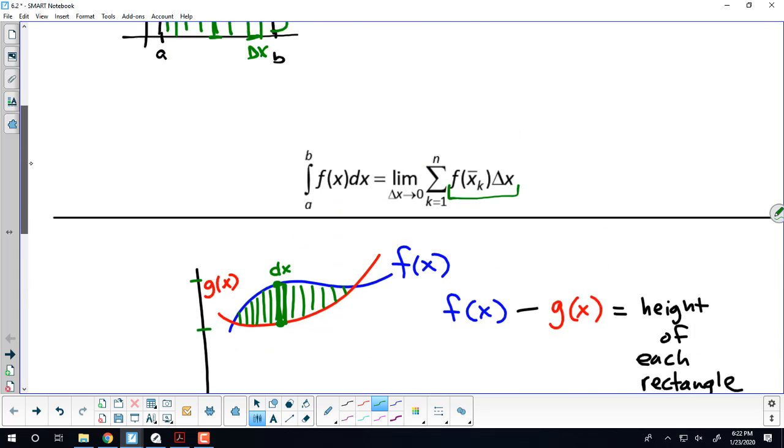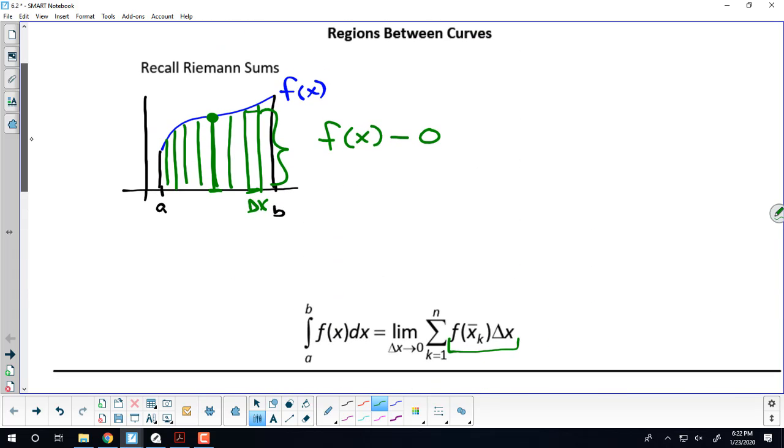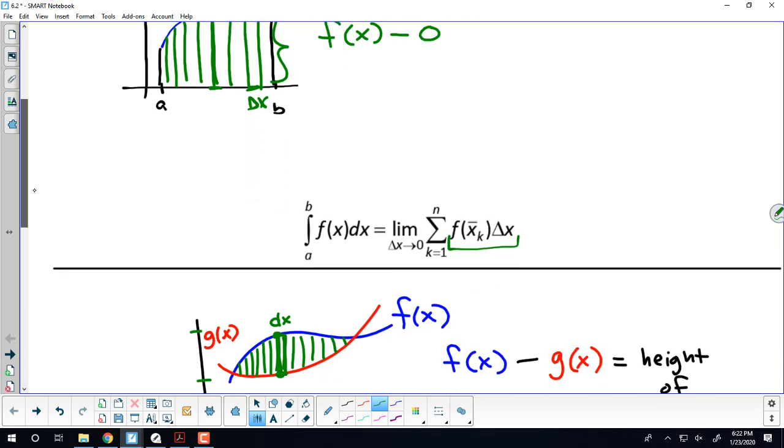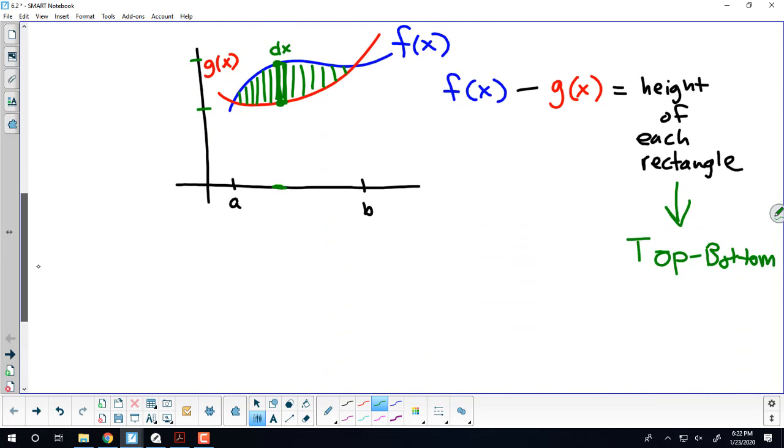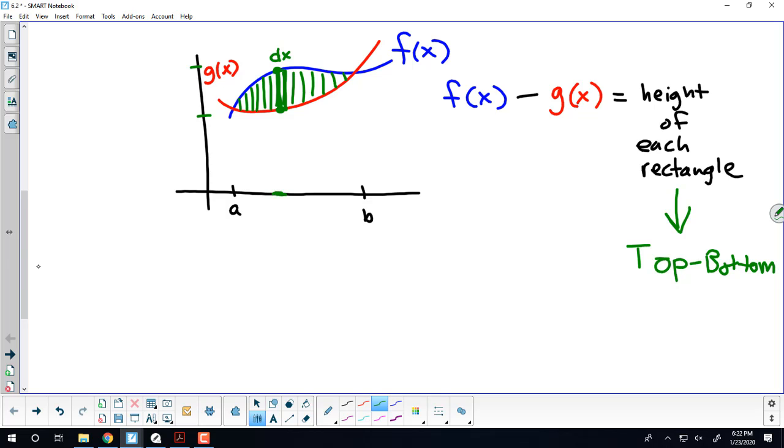Same thing here, it's just the bottom function is 0. Top minus bottom function being y equals 0. So what do you think then the area of this region bound by those two curves would be? The integral from A to B of f of x minus g of x.